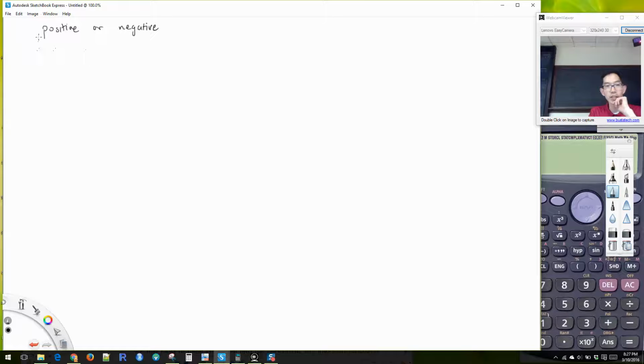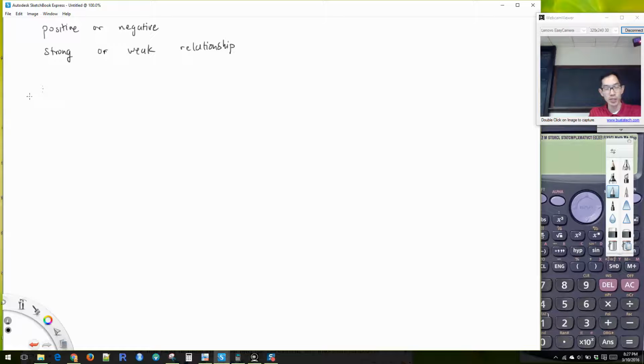And then we'll say, do you think there's a strong or a weak, or you could even say medium relationship? We would need two numeric variables.